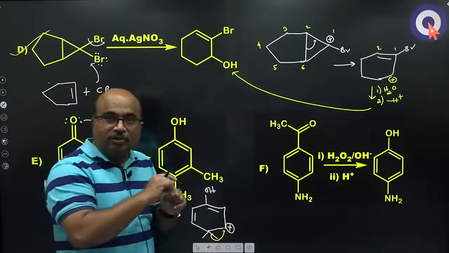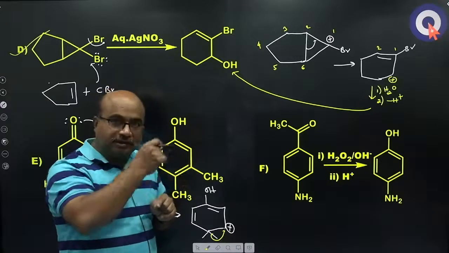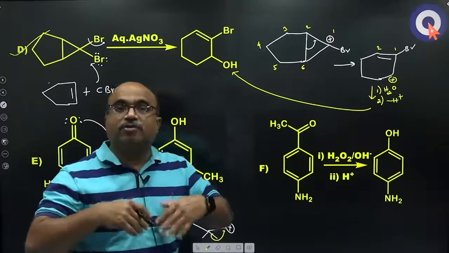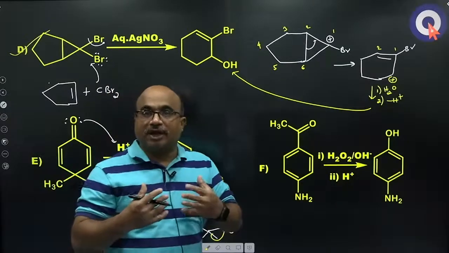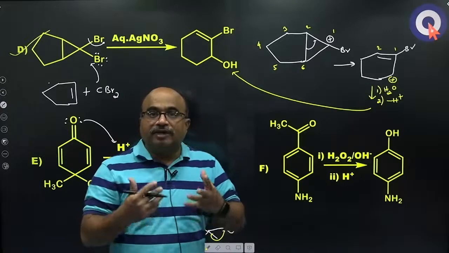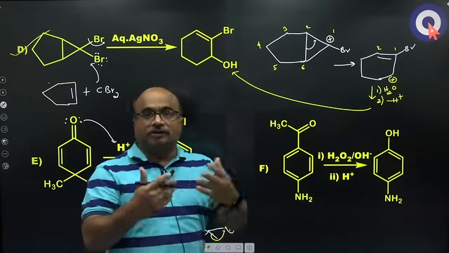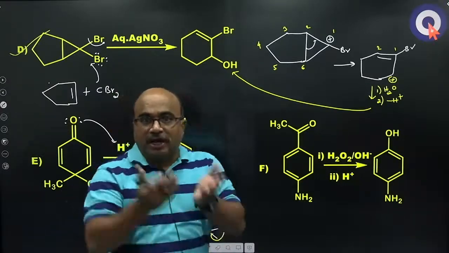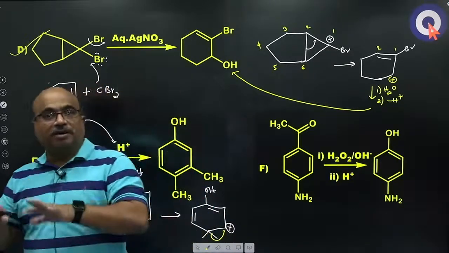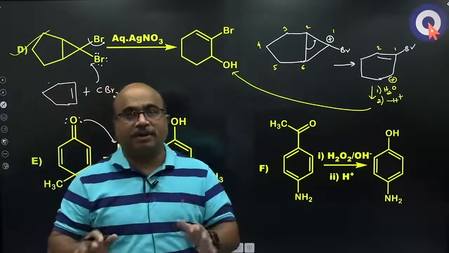If you shift that methyl group there, check whatever the next carbocation is that you are getting. So if a carbocation is rearranging and giving a further stable species compared to the earlier species which was existing, then we will say that type of rearrangement should happen or will happen.